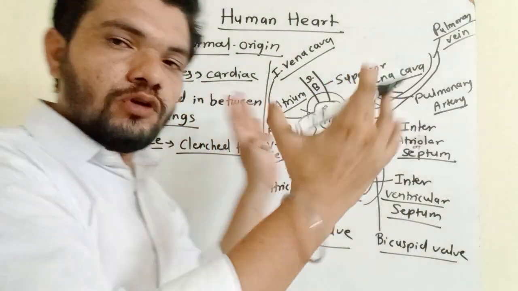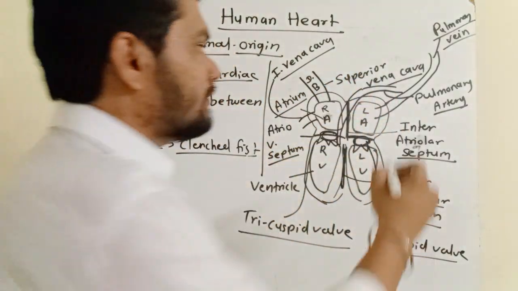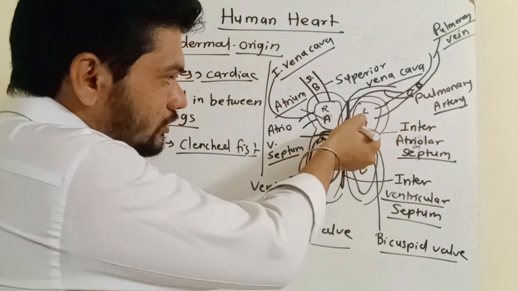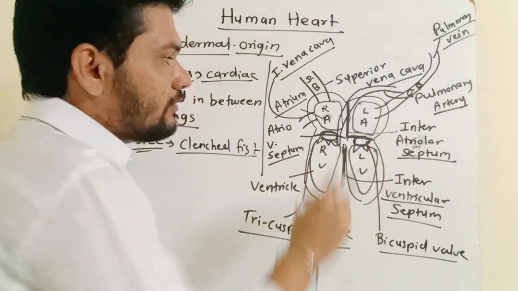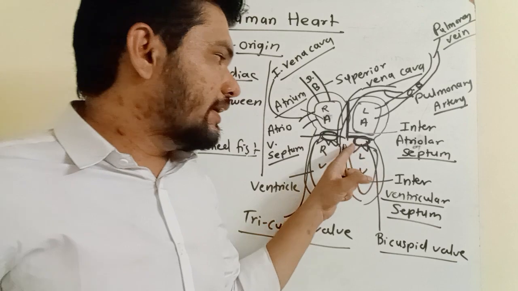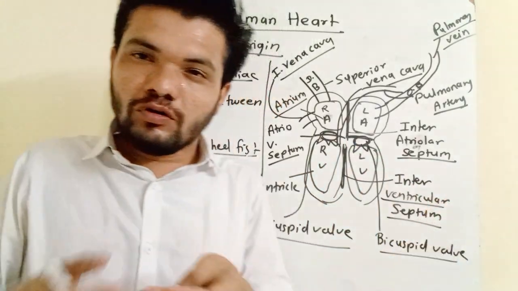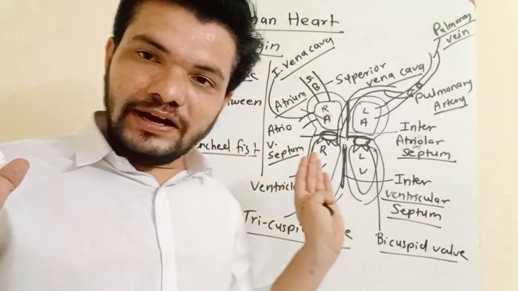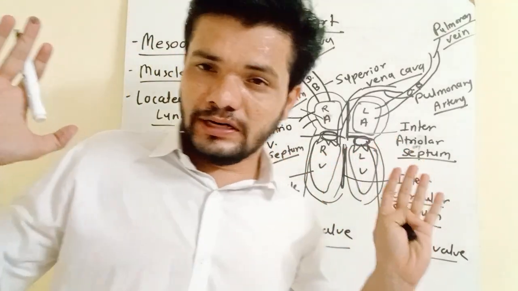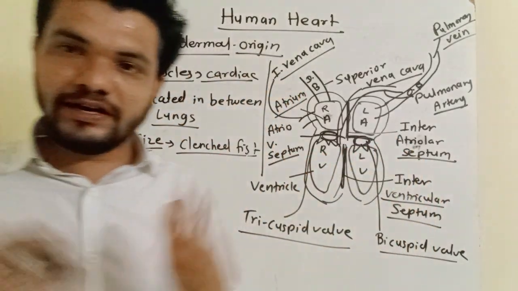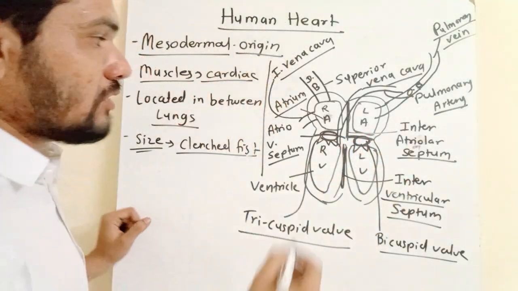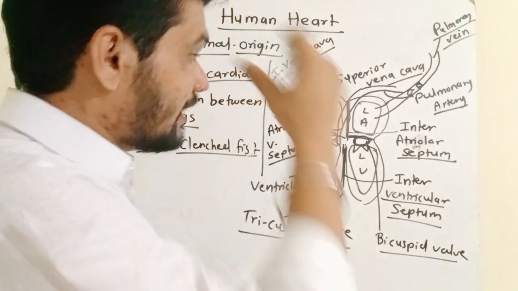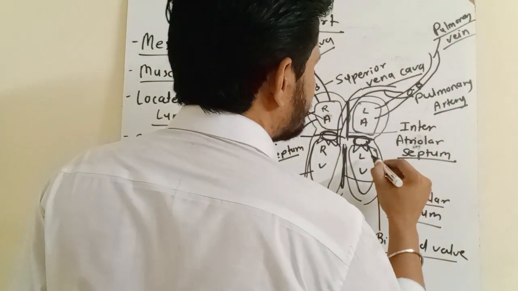Then when the atrium contracts, this oxygenated blood will come to the left ventricle when this bicuspid valve opens. Then when the ventricles contract, this oxygenated blood will be transported to the body with the help of the aorta.